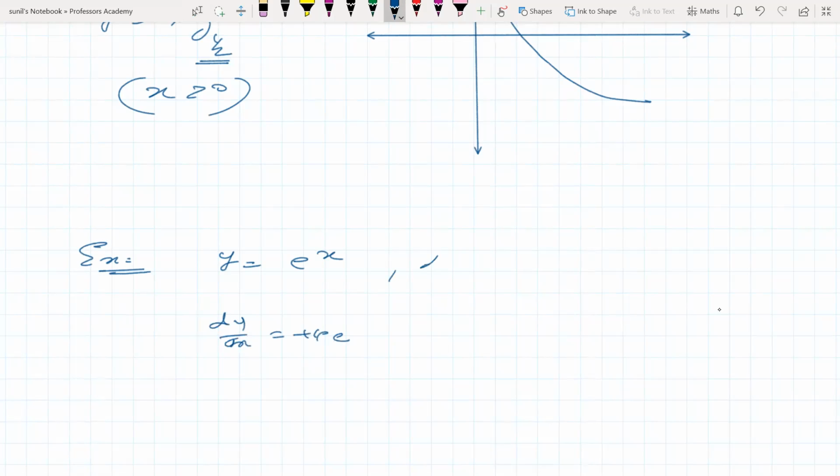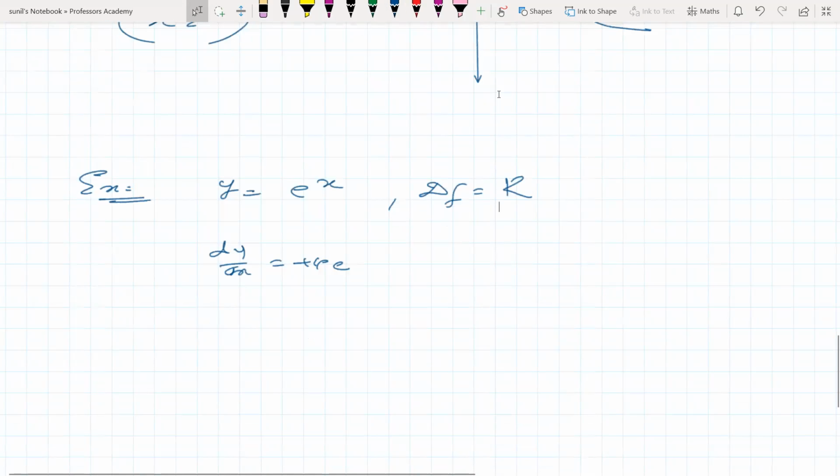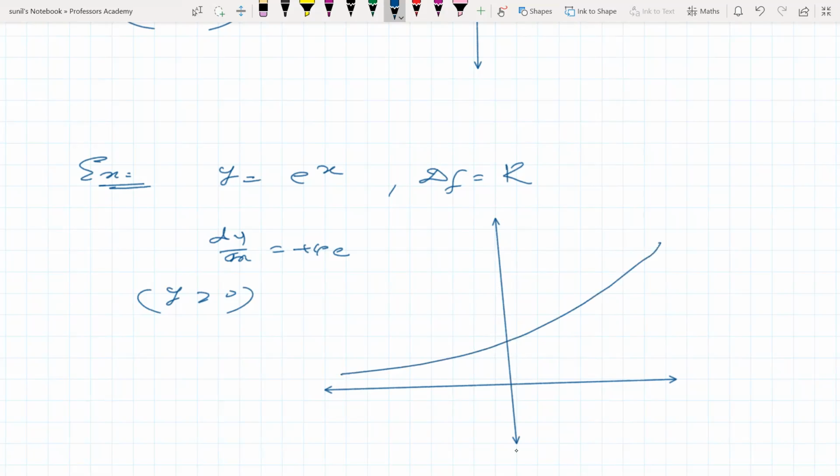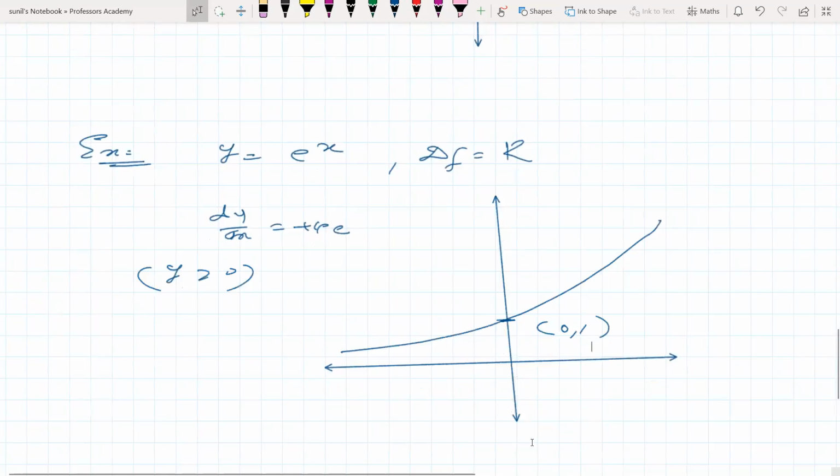And the domain of this function is capital R. After drawing the x-axis and y-axis, you can see that y is always positive, so the graph will always be above the x-axis. The graph is something like this. It will intersect the y-axis at 0, 1.